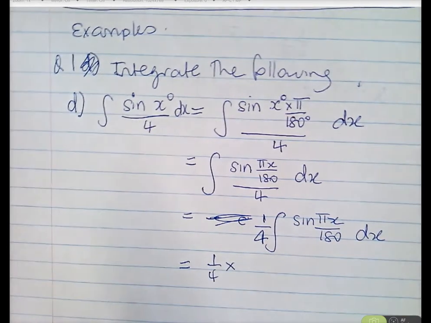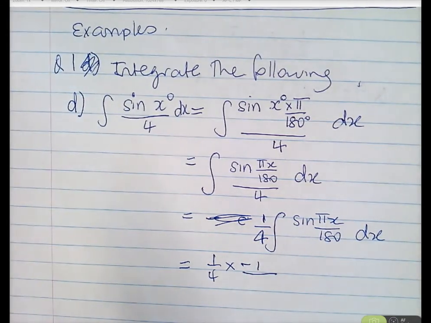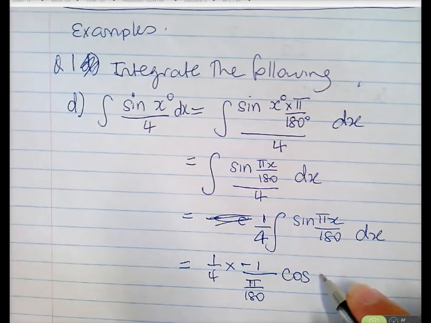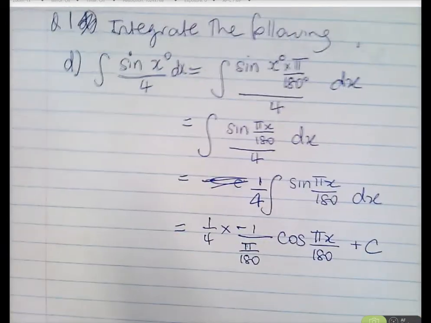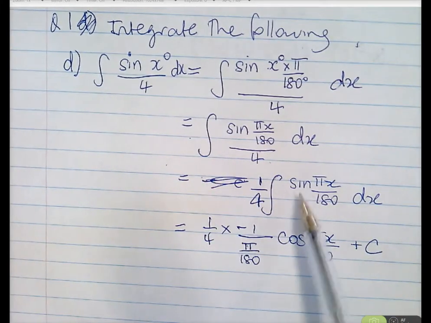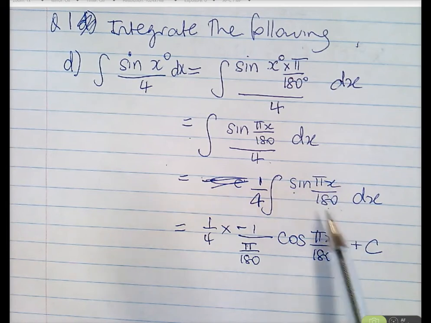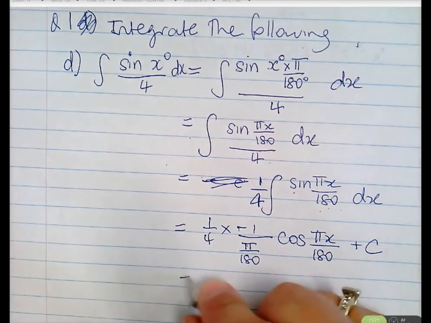A quarter times, integrating that, what do you get? Negative 1 on the coefficient of the x. Now the coefficient of the x is pi on 180. So that's negative 1 on a cos ax plus b. The quarter I pull out, the 4 from the bottom. Sine of pi x on 180, a is pi on 180, so it's negative 1 on a. So what does that become?